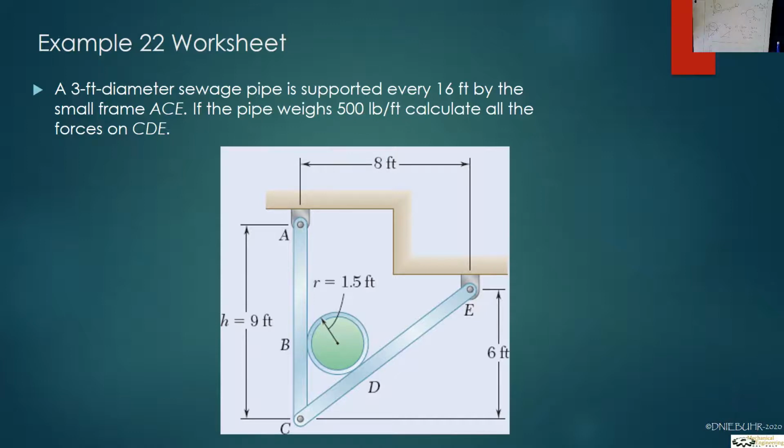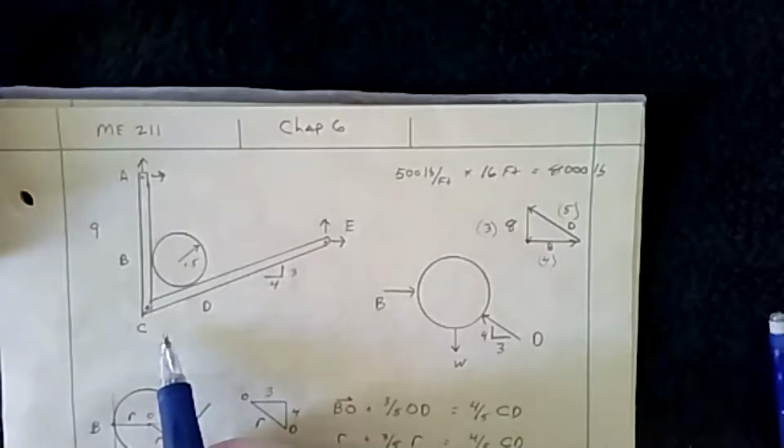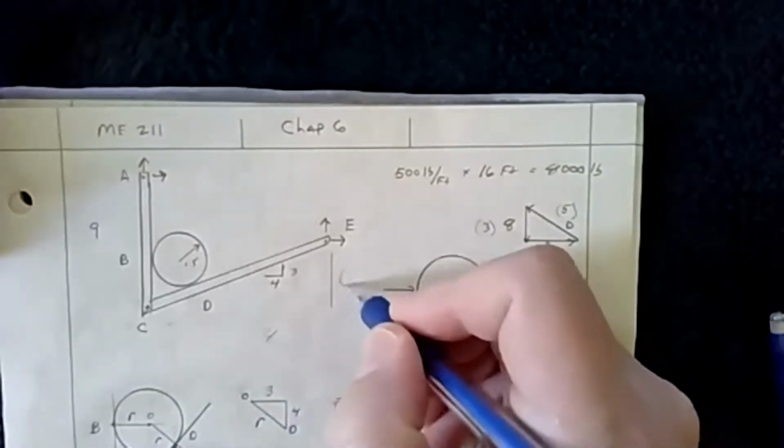If we look at this, here's our structure. Let me go ahead and show you this. My angle wasn't that great, but I know that the distance here is 8, and that's 6.